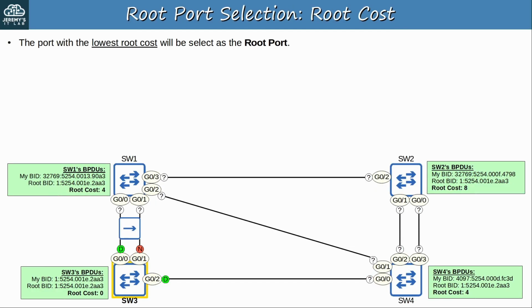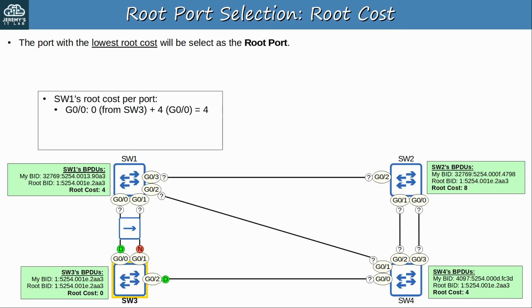So let's see how each switch decides its root port. The first criteria is the lowest root cost. Remember, there is only one root port allowed per switch. First up, switch 1. On G0/0, it has a root cost of 4: 0, which it learned from switch 3, plus 4 for G0/0 itself.